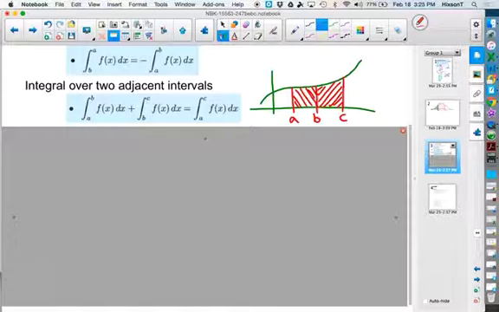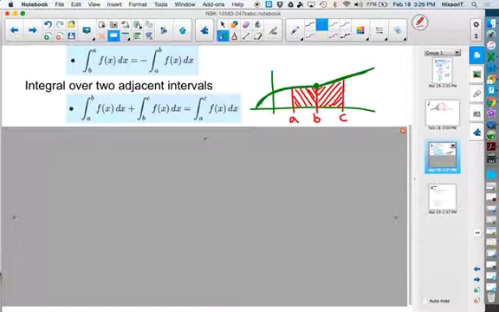Especially, let's say you had a piecewise function and you wanted the area under it up to this point. It was one function, but then right at this point here, it changed to the other piece, and now it's like linear or something like that.